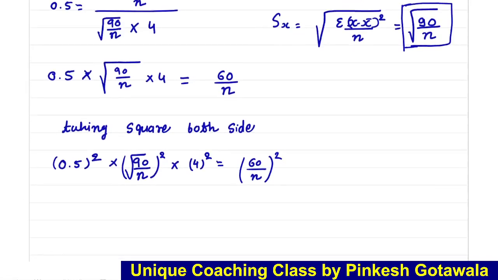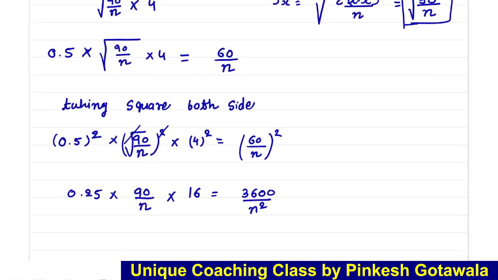Now just solve this, 0.5 square would be 0.25. And here 90 divided by n root whole square. So we know that this root and square will cancel, so only 90 divided by n remains. Here 16. This side is 60 square, 3600 divided by n square.